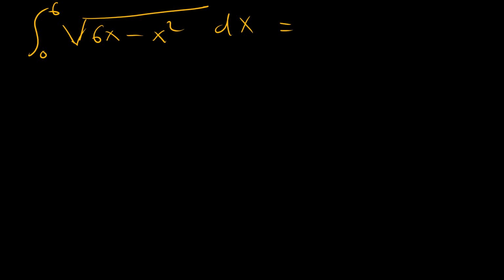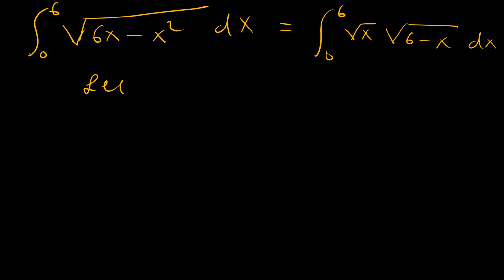So one of the ways I think we can solve this is by pulling one x out, so that you do have 6 minus x dx. And then we could say let y be equal to the square root of 6 minus x, such that y squared equals 6 minus x.